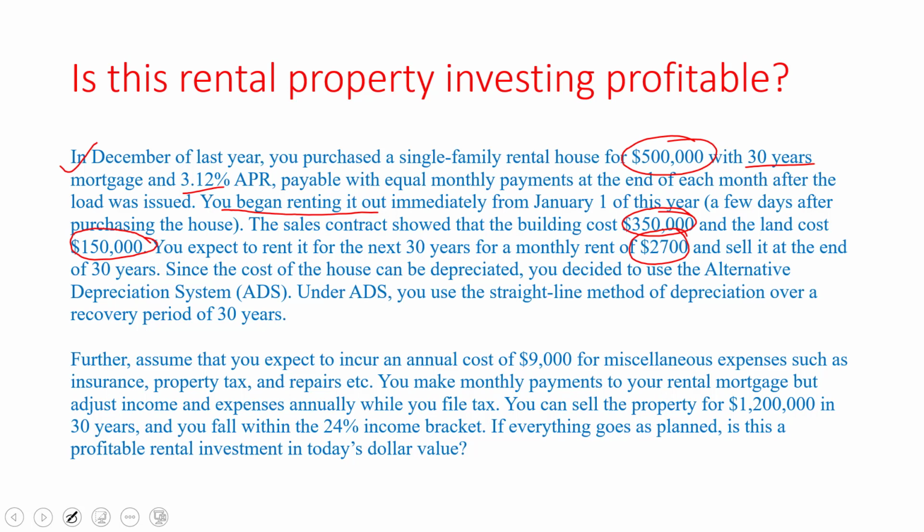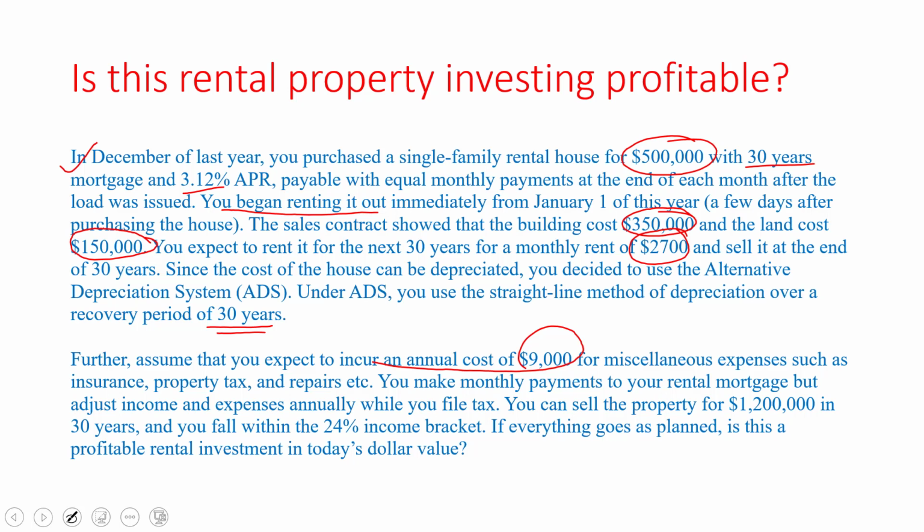Since the cost of the house can be depreciated, you decided to use the alternative method of depreciation. So under this ADS system, you use the straight line method of depreciation over a recovery period of 30 years. Further, we assume that you expect to incur an annual cost of $9,000 for miscellaneous expenses such as insurance, property tax, repairs, etc. And you make monthly payments to your rental mortgage but adjust income and expenses annually while you file tax.